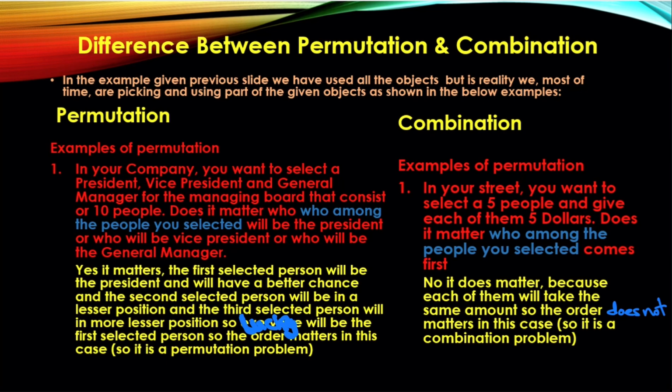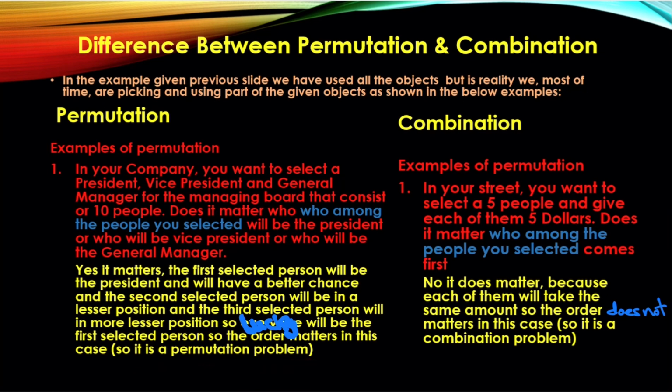And the second selected person will be in a lesser position, and the third selected will be in a lesser position still. So the lucky one will be selected for the president position, the less lucky one for vice president, and the least lucky person would be general manager. Okay, so it is a clear permutation problem.